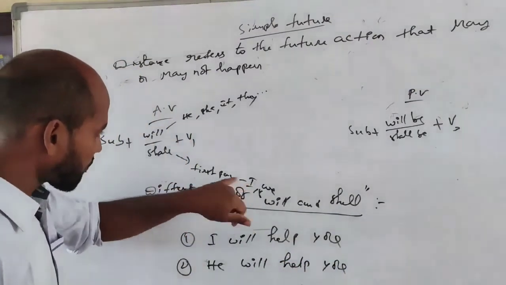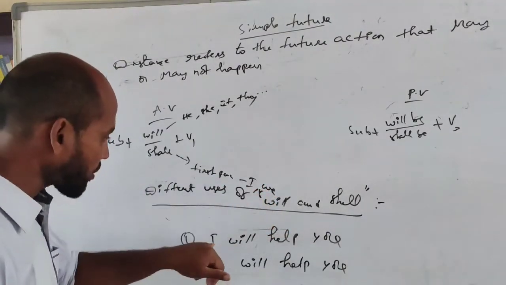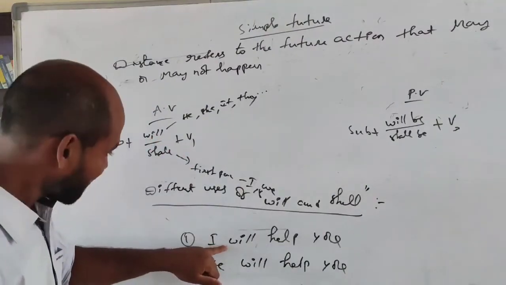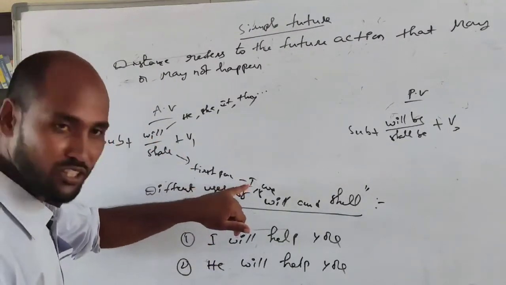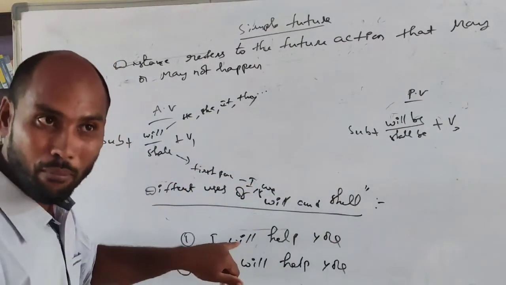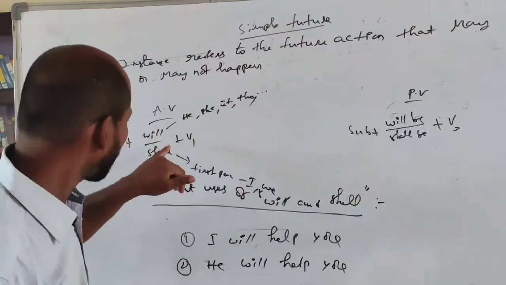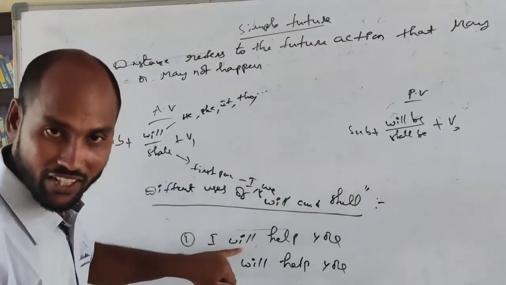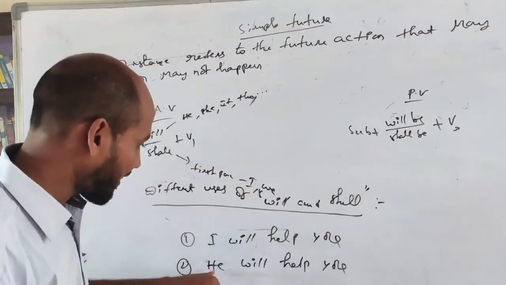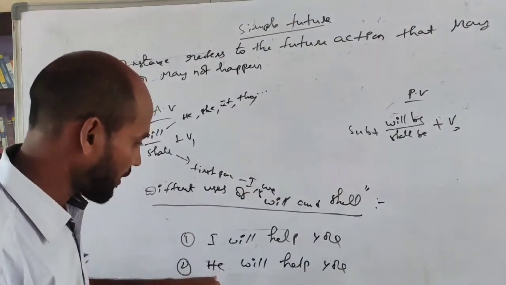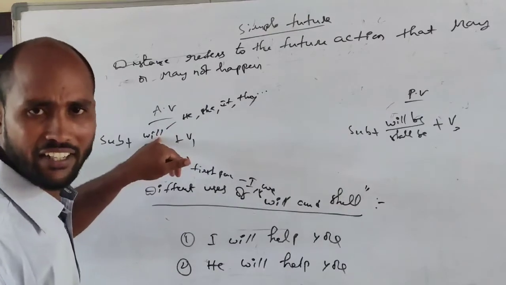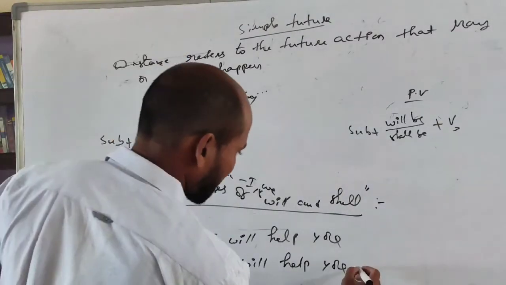After first persons, I or we, we use shall. But here he used will. It is also right. How will it be right? I will describe it. Next example, he will help you. After he, we write will. That is the right answer.